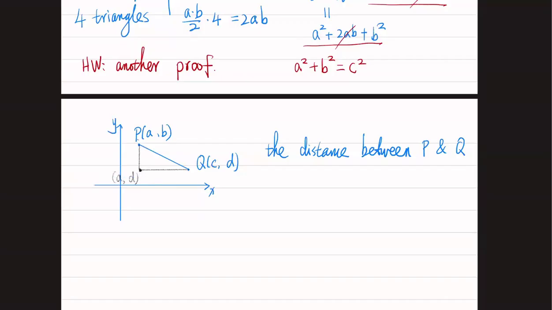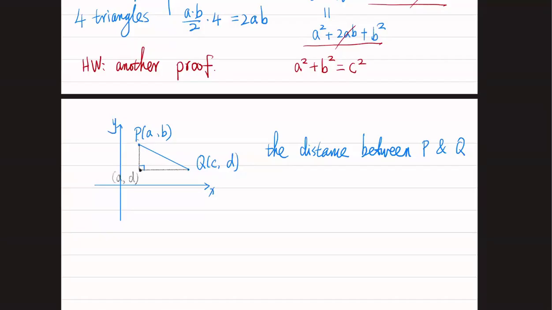Okay, so you can see this point has the same x coordinate as P. So it's on the south of P. It has the same y coordinate as Q. So it's on the west of Q. In particular, we guarantee this is a right triangle.